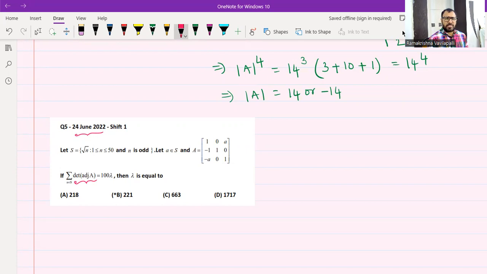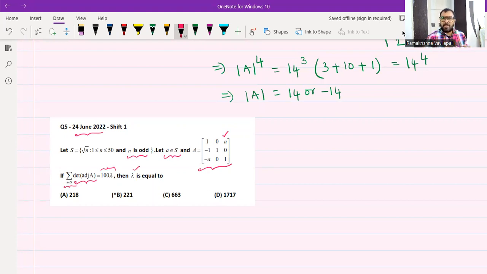First, they have given some set S equal to the set of root n, where n lies between 1 to 50 and n is odd, and let A belong to S. They have given a matrix A, and another piece of information: sigma of determinant of adjoint of A, because determinant of adjoint of A involves a variable A, where A belongs to S, equals 100 lambda.